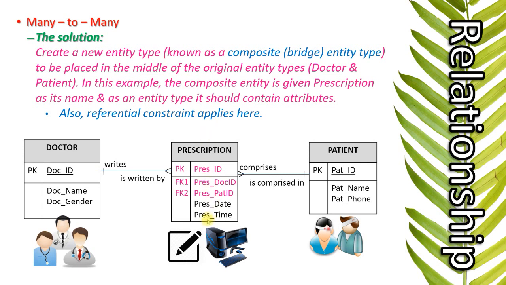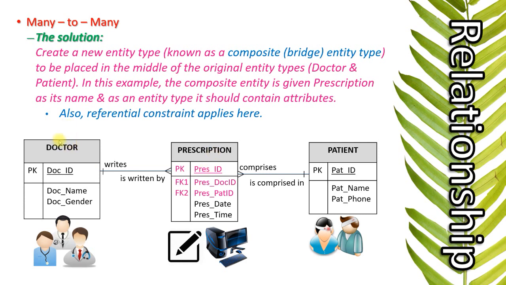Now, to the middle entity type, we then put the many symbols on both sides of the new entity type in the middle. As a new entity type, it deserves to be given a name. The name that we give to this new entity type is prescription.